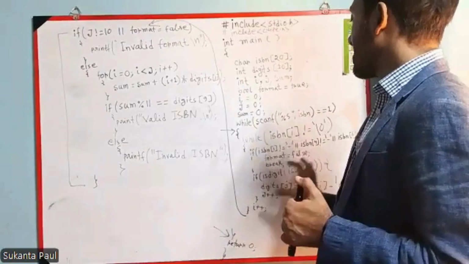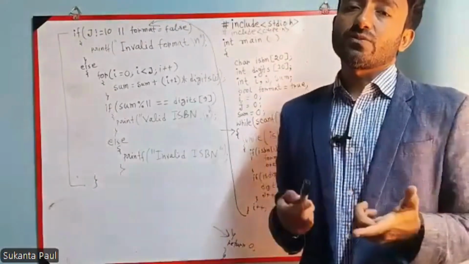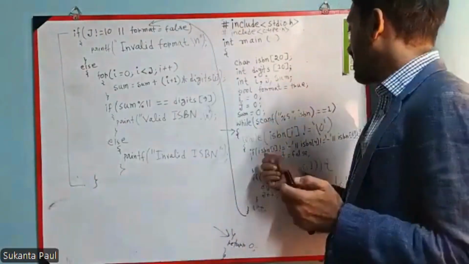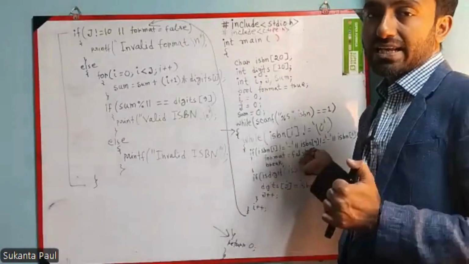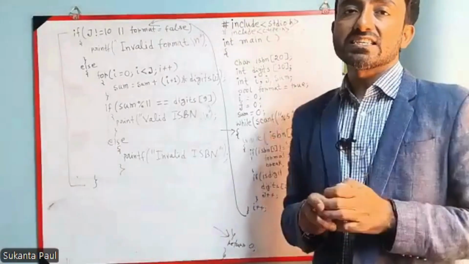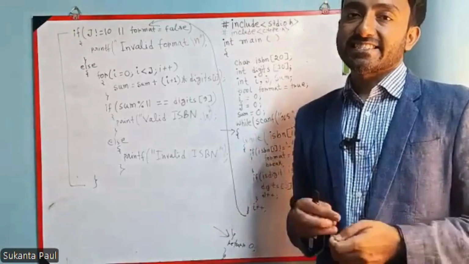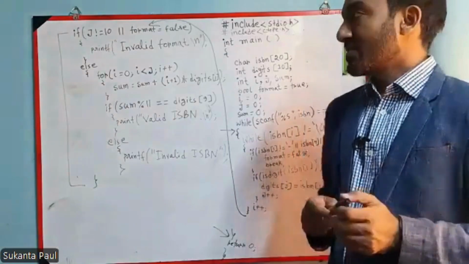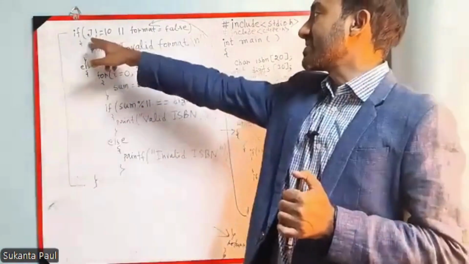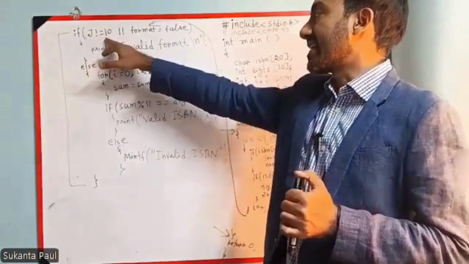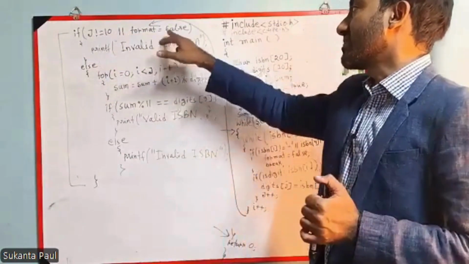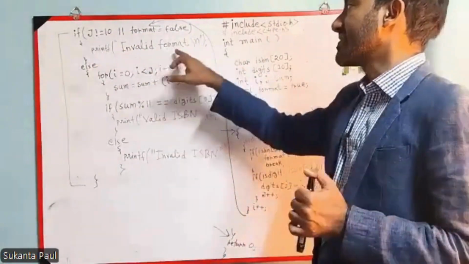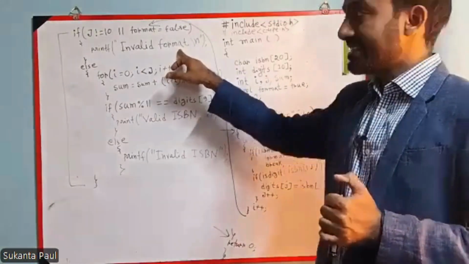That's pretty clear. So when it is an invalid format, if the format variable is equal to false, as well as if there are fewer than 10 digits in the ISBN, for that reason we write: if j is not equal to 10 or format is equal to false, it will print invalid format.